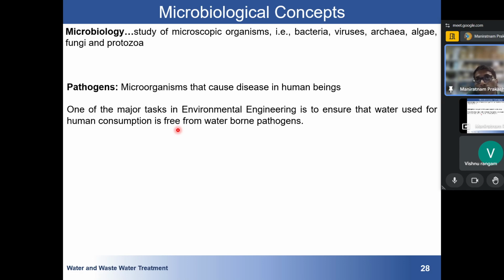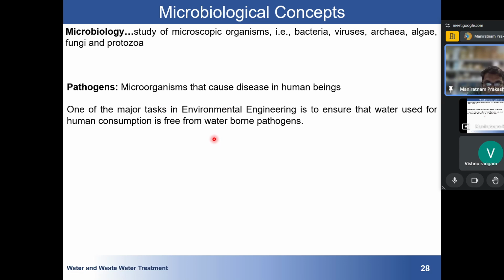If we talk with respect to wastewater, when we are treating our wastewater, we should make sure that we are treating every kind of pathogen. We want to kill all the pathogens in the wastewater, so that it can be discharged, or treated in such a way that it can be used for drinking purposes. First we have to measure whether any pathogens are present in our system or not.